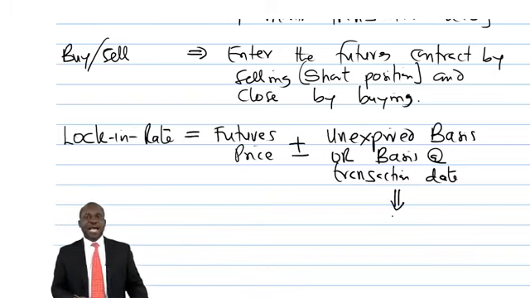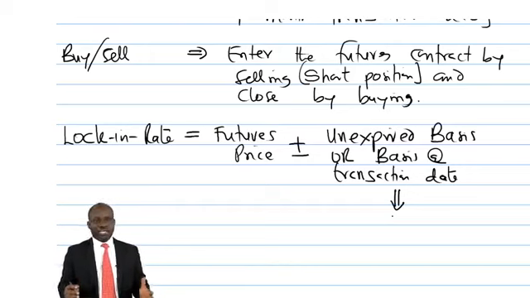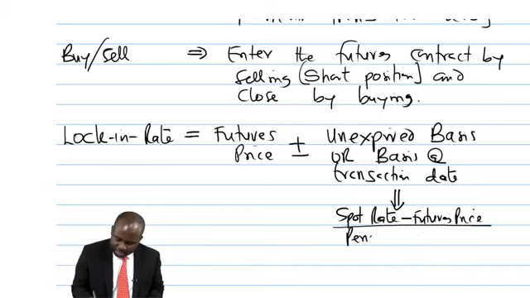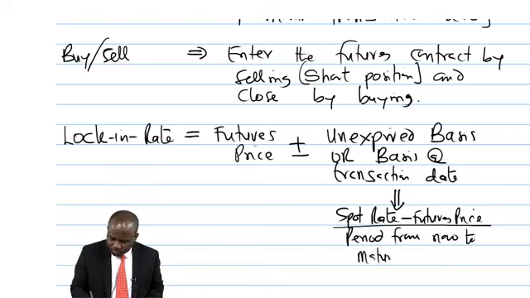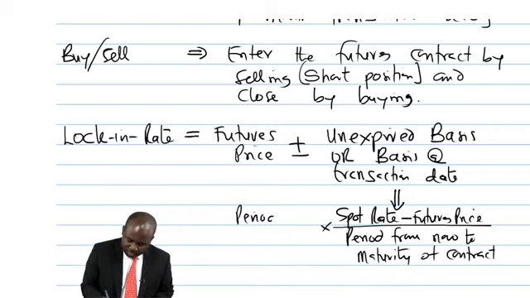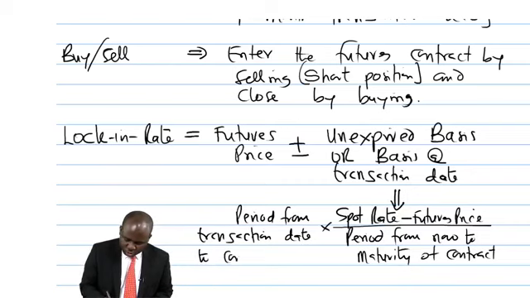To calculate the basis as at the transaction date, or unexpired basis, you can calculate it as the spot rate minus the futures price, divided by the period from now to maturity of contract, or multiply by period from transaction date to contract maturity.